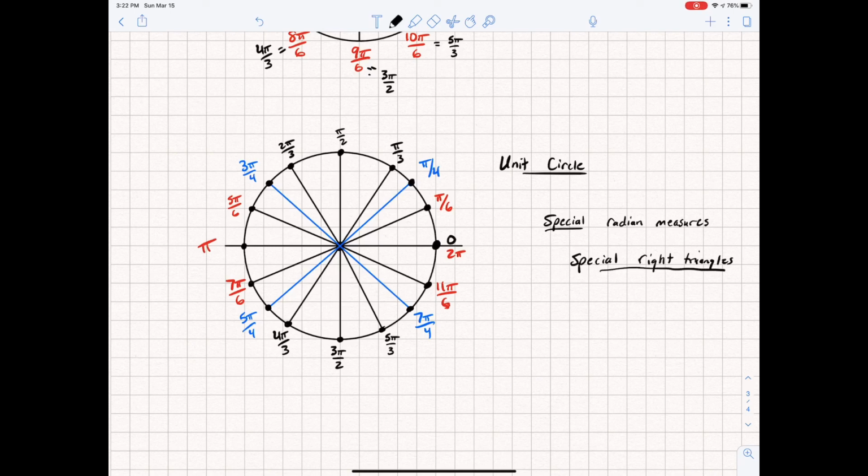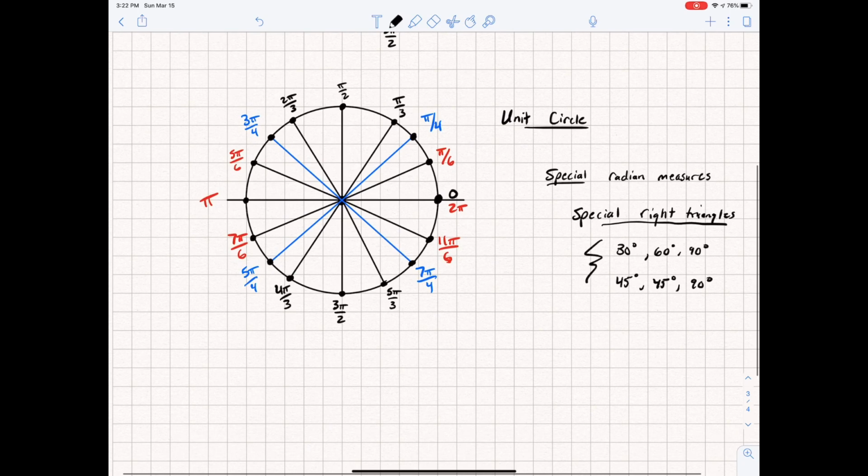Those angles are 30, 60, 90, and then 45, 45, 90. Well, these are the angles for triangles, specifically right triangles, in degrees. My question is, what are they in radians?